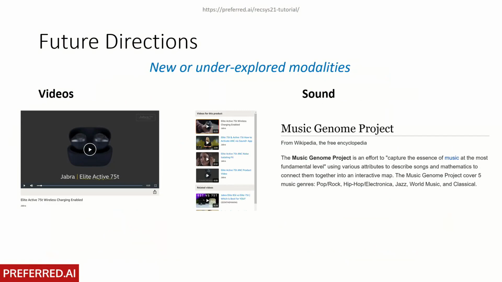I'm pretty sure some people have done it already or they are doing it. That is just one possible direction. Another direction is to consider other modalities that are underused, probably because they are heavier and harder to learn from, such as videos or songs, if you are considering music recommendation, for example.